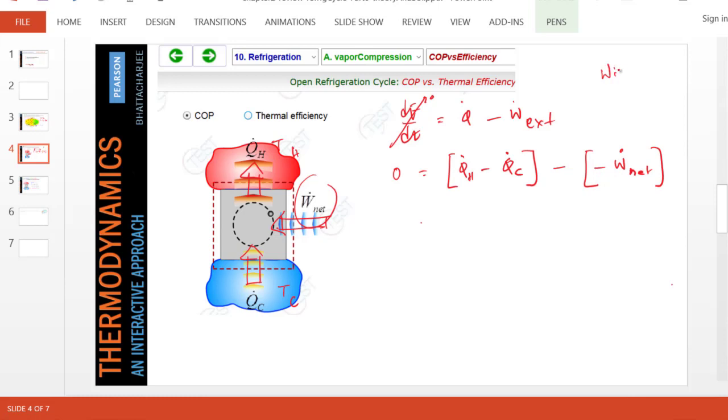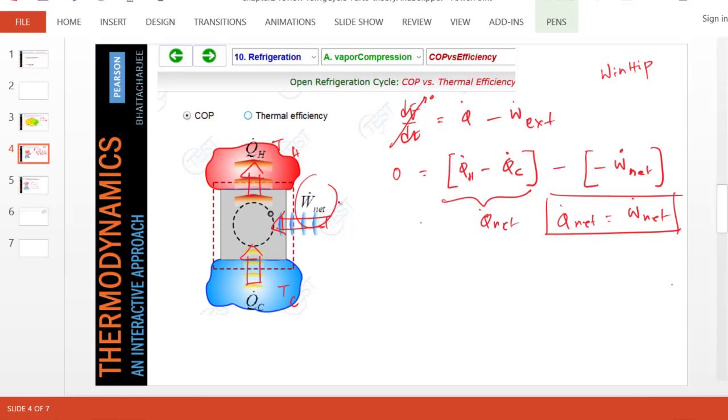Recall the sign convention: work in is negative, and W dot net is an absolute positive quantity. So we have to put a negative sign to make it algebraic, and this negative simply carries over here. So this is essentially Q dot net. We recognize that for any cycle, as in the heat engine, this equation is universal.